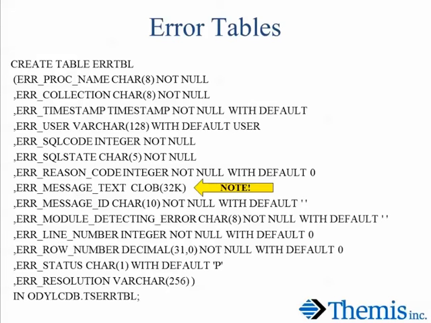So you will set up a table with a layout that has columns for the information you're gathering in those variables. And take note, the message text area I set up as a CLOB because the whole message text is 32K.